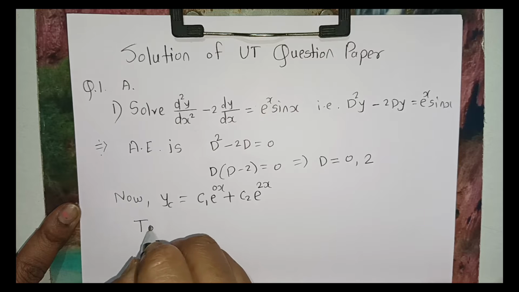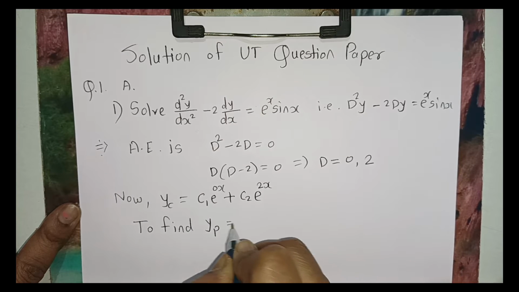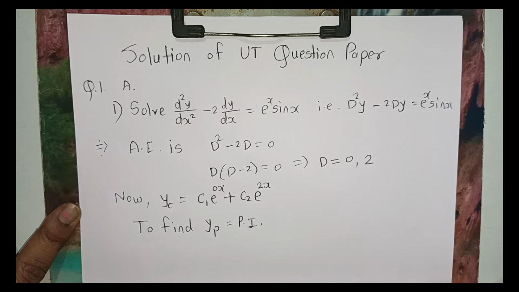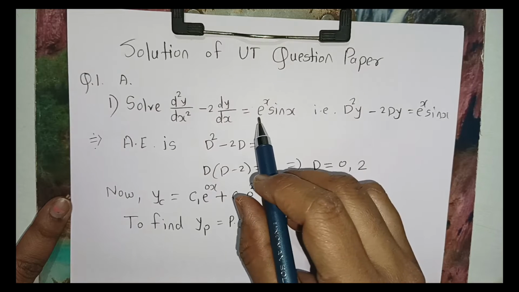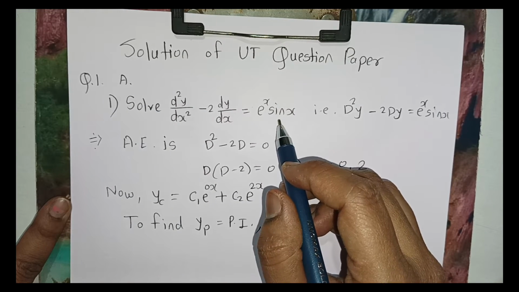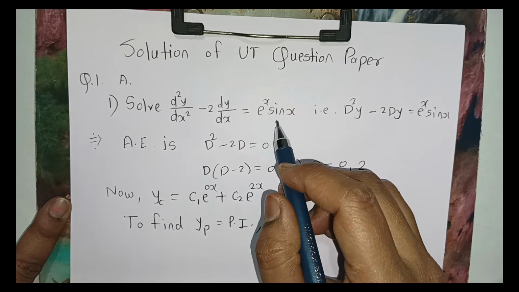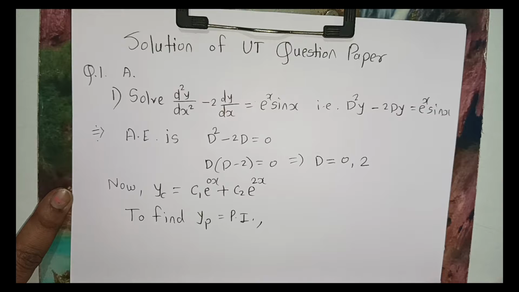To find yp, that is the particular integral, we have to use shortcut case 5. Why shortcut case 5? Because you have e^x into sin x, that is, an exponential into some function of x. This is case 5 of the shortcut method.